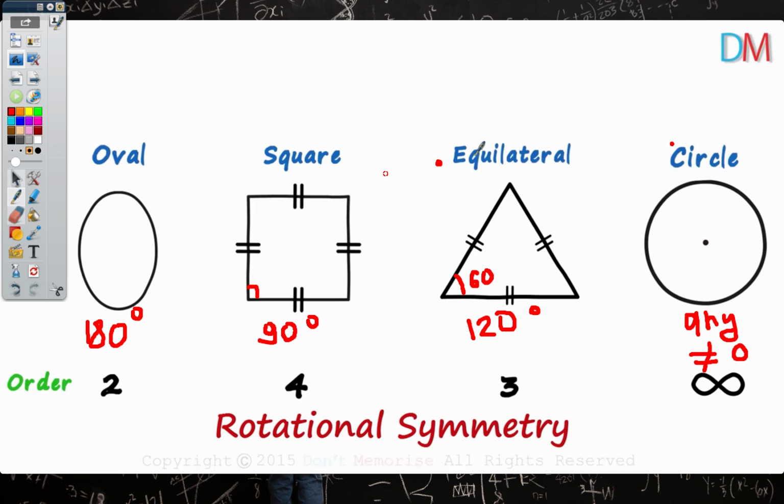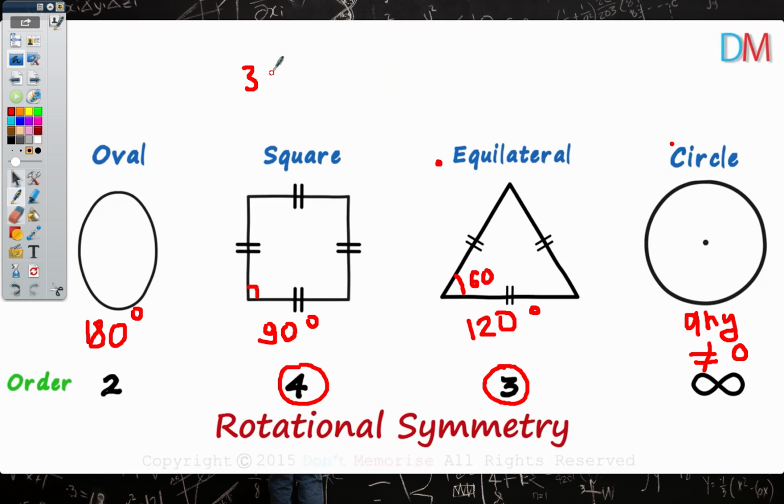And so let's try to find out the connection between the number of sides, the degree of the rotation, and the order of the rotation. The square has 4 sides, and the order of the rotation is 4. The regular triangle has 3 sides, and the order of the rotation is 3. And so square has 4 sides, right?